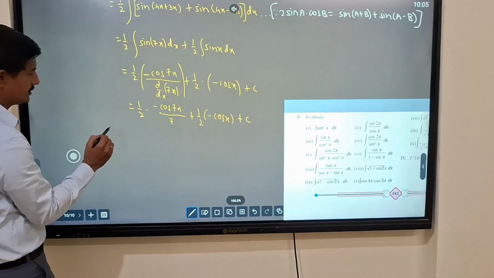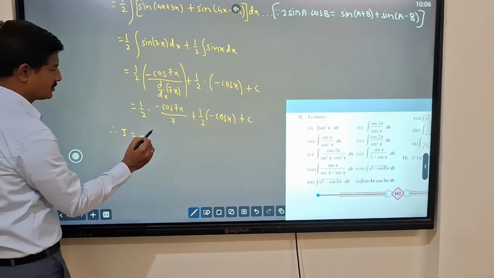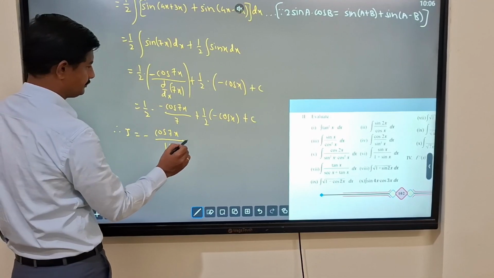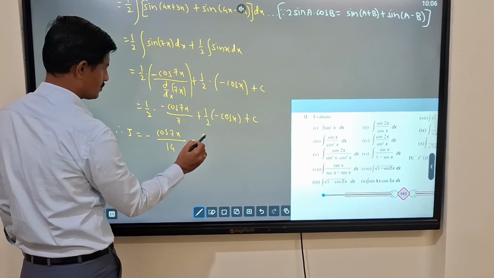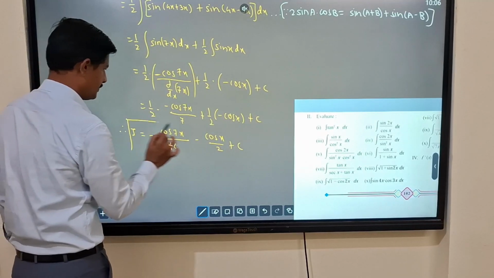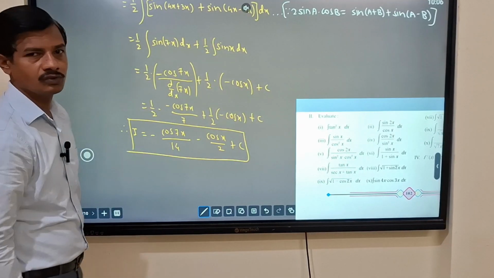Therefore the final answer is minus cos 7x upon 14 minus cos x by 2 plus c. This is the end of question 2.